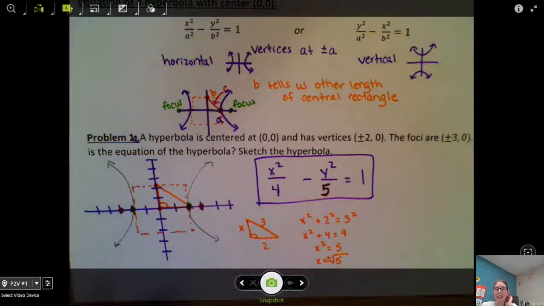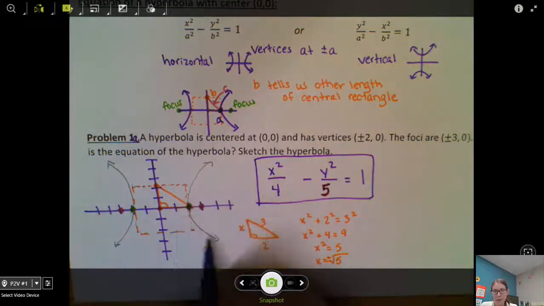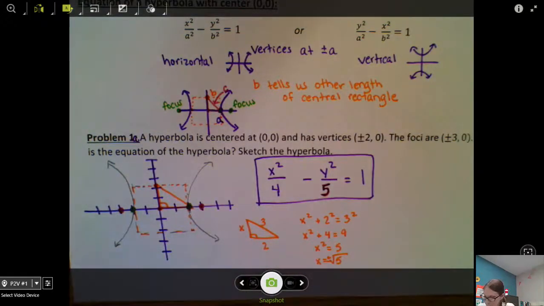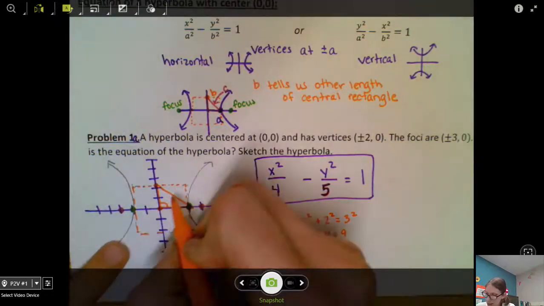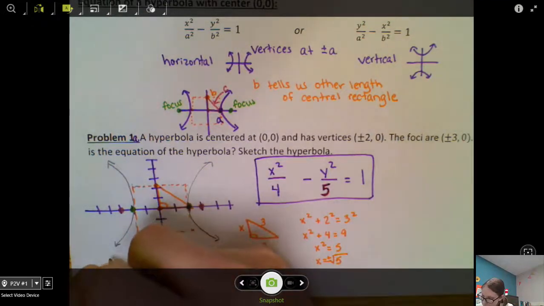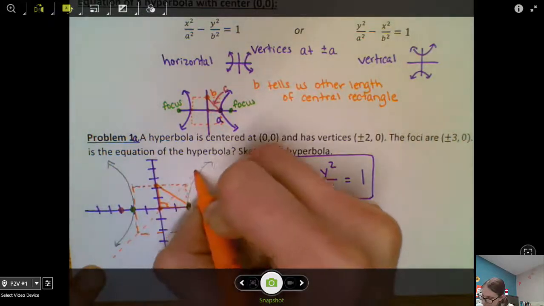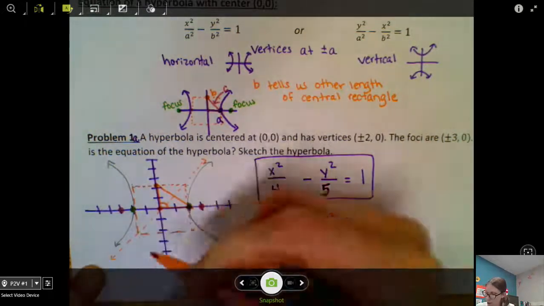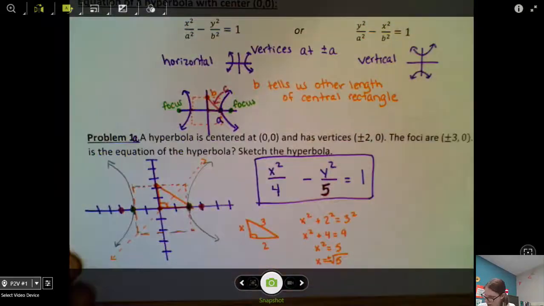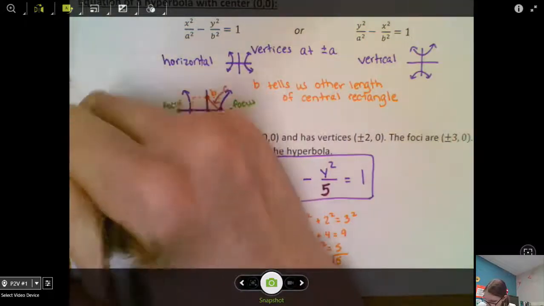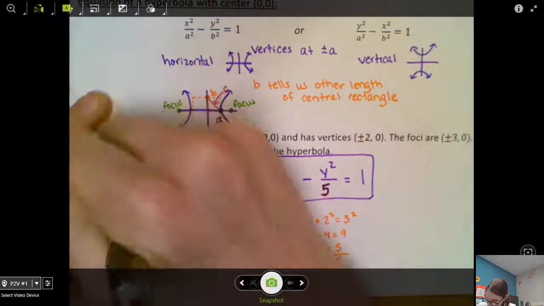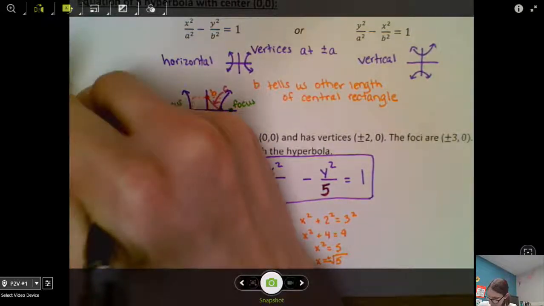We also want to sketch the hyperbola, and we have most of our sketch done here. The only other things that we want to include when we have our hyperbola, we got our central rectangle's height drawn in. We want to include the diagonals because the diagonals of our central rectangle show us the asymptotes for our hyperbola. And this is why I drew my hyperbola in pencil, because I know I'd probably have to erase this part.